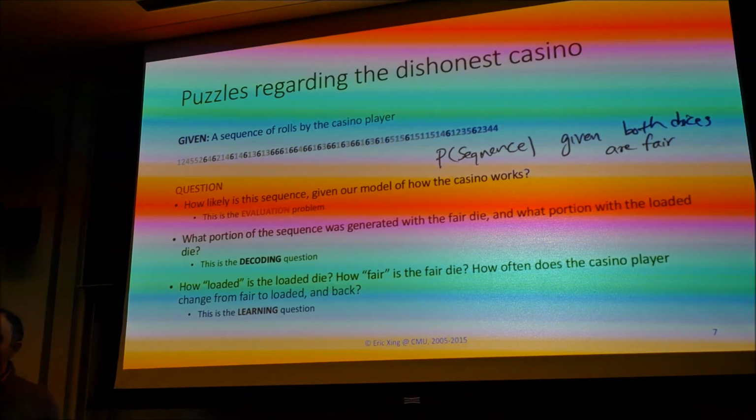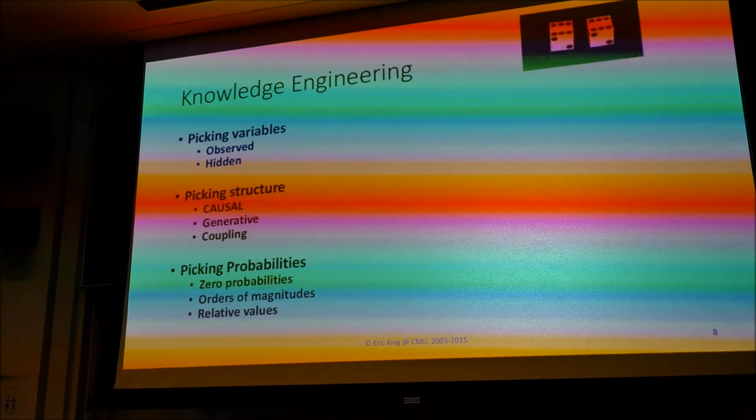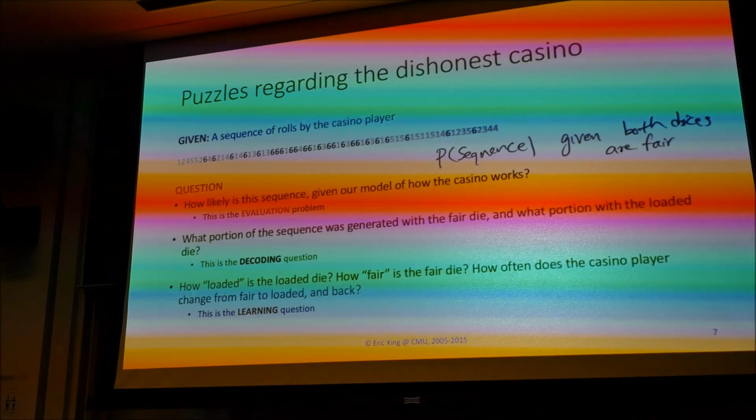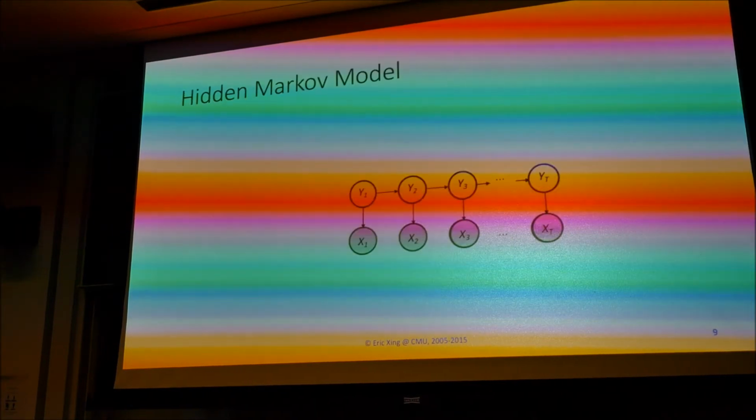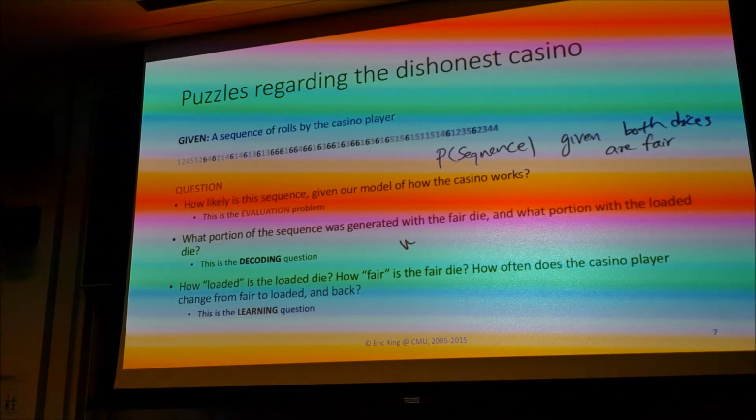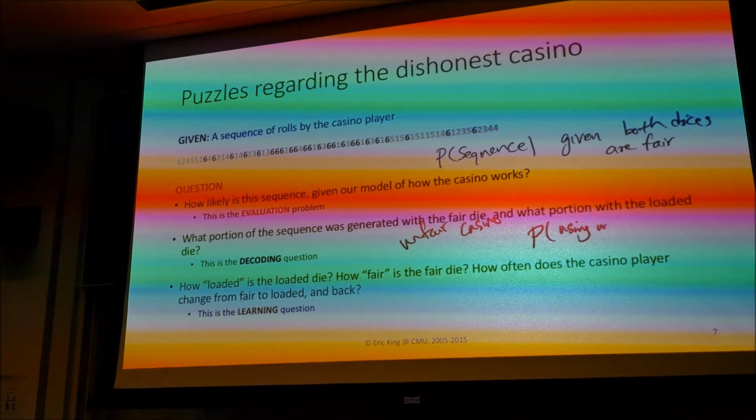How risky is he in terms of using this? So this is the problem of decoding. You want to do some inference: given a model of an unfair casino, you want to compute the probability of using the unfair dice given the model that you have of the world.